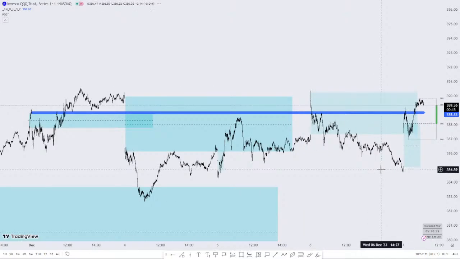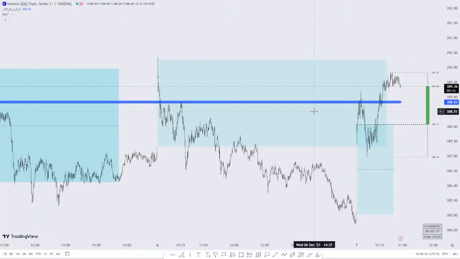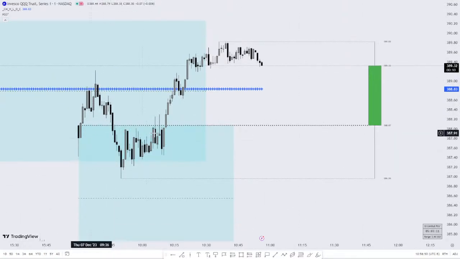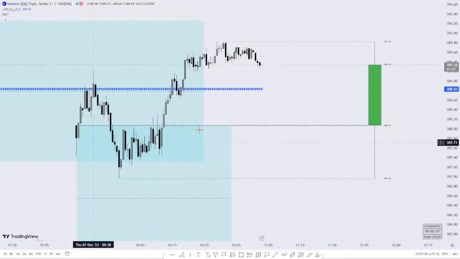Even after weeks, it can get a good reaction out of these. So if it really has a good retracement now, it will come down to this on a good retracement.